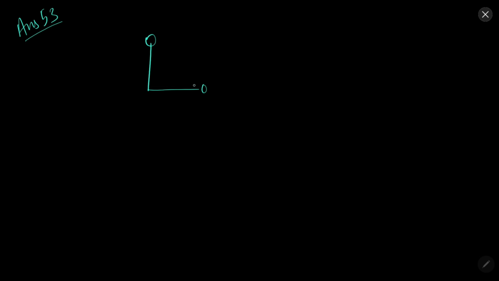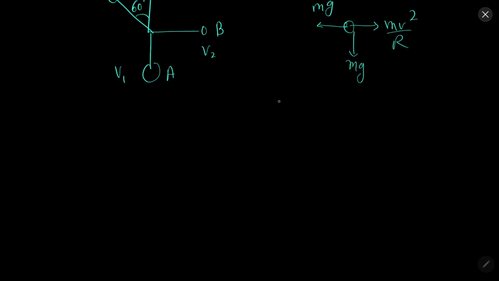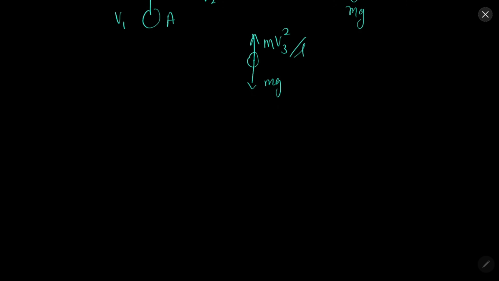So the scenario is like this: 60 degree, C, D, B, A, V1, V2, V3, mv square over R, mg, mg, mv square over L, mg.